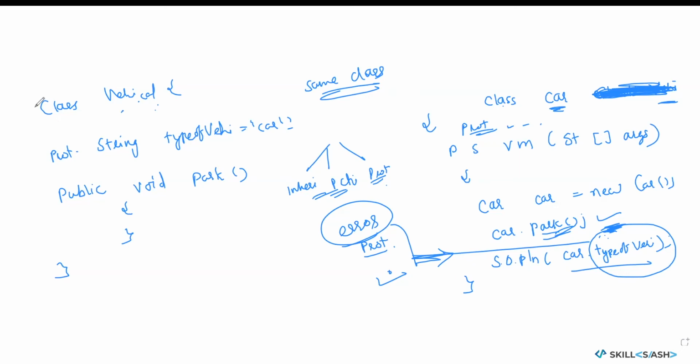But why would you create a protected class? Instead of declaring variables and methods as protected, I'd just declare the class as protected, so directly we can access the entire class through the child class. So generally, we do not use it with the class.